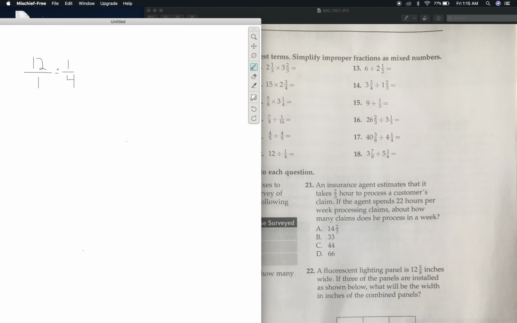Basically like this. It's division, but now you actually have to flip this number around. And when you flip it around, it becomes a multiplication problem. This is true for all of these division fractions that we're going to be doing. Okay, so 4 over 1. This is going to be an easy one. Okay, so 12 times 4 is 48.